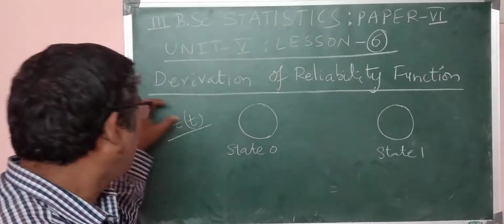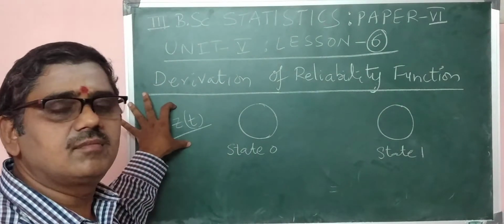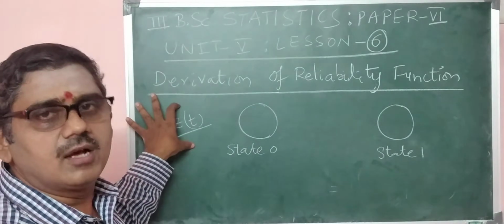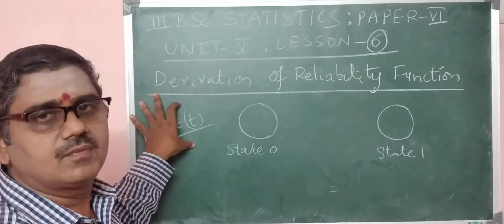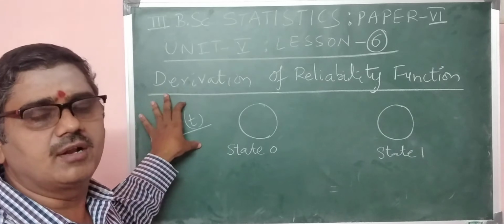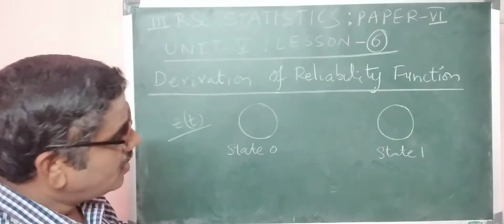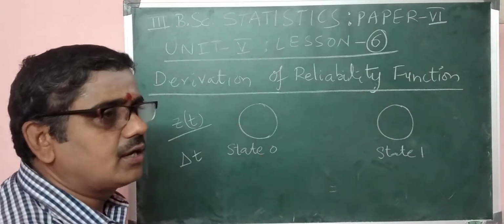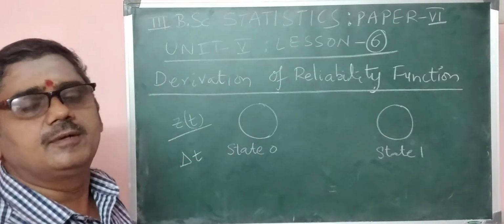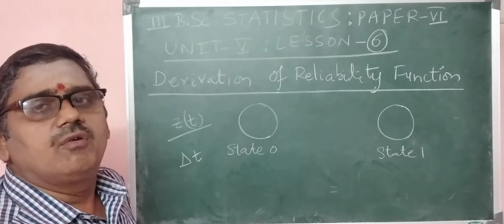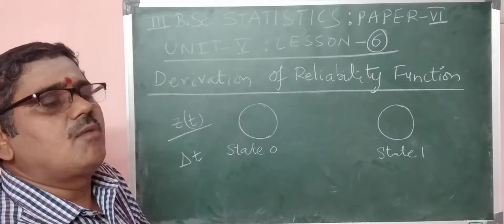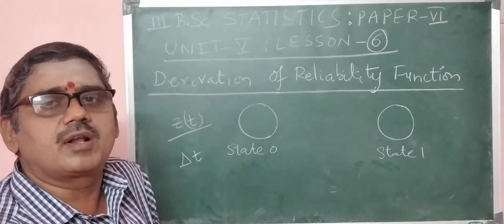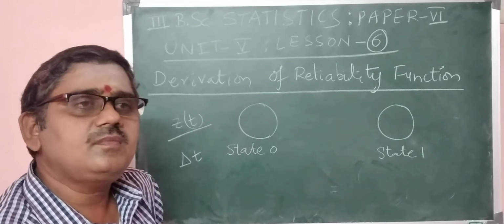So therefore, I am considering z of t. It is nothing but a hazard rate or failure rate at the time period t. I am also considering some particular time interval delta t. For example, a particular component survives at that particular time period t.